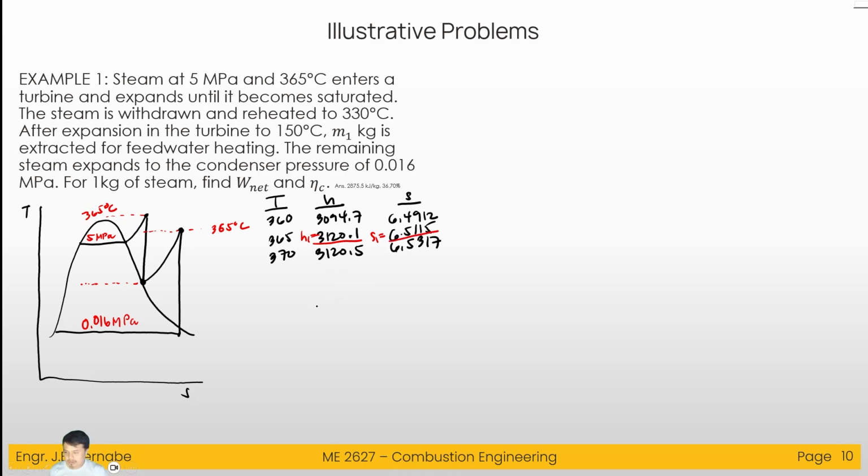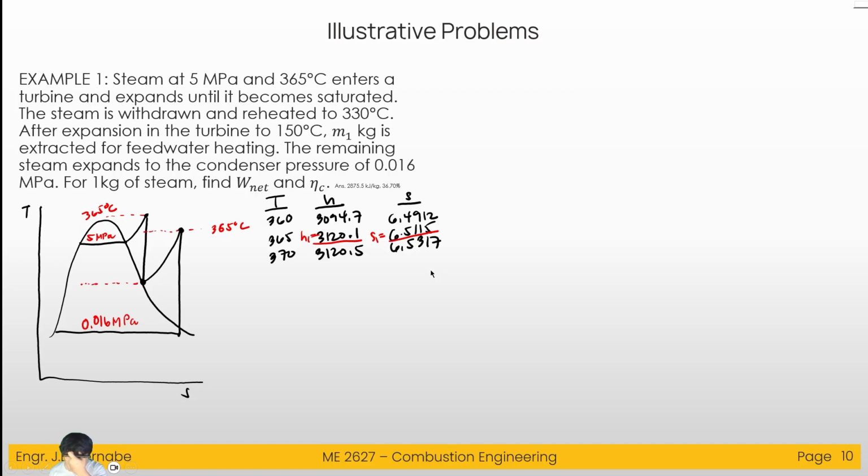What we can do here is use table 2 to figure out the pressure. We want to find the pressure here first. Using 6.5115, we can check table 2. Check for Sg, and find the pressures.